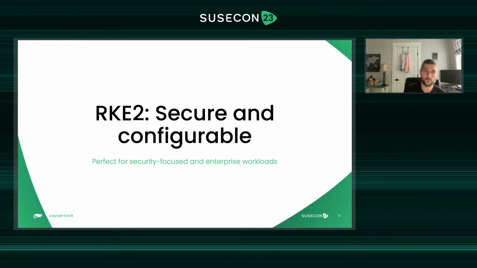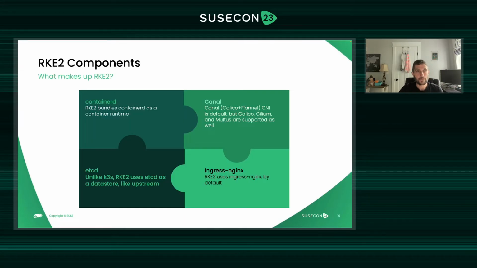Right, RKE2. RKE2 is basically our enterprise-ready, enterprise-grade Kubernetes distro. It's secure, it's configurable, it is perfect for security-focused and enterprise workloads. As for what makes up RKE2, again, it's containerd as a container runtime. It uses Canal, which is Calico plus Flannel, as a default CNI.